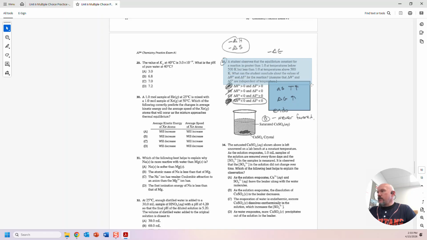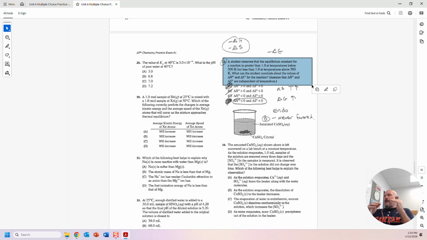If you read the question, they tell us that at temperatures below 500 Kelvin, the equilibrium constant is greater than 1. Then above 500 Kelvin, the equilibrium constant is less than 1. That means the reaction is not always favored. So it either is a positive delta H, positive delta S combo, or it's a negative delta H, negative delta S combo. Because if it was a negative delta H and positive delta S, it's always favored.